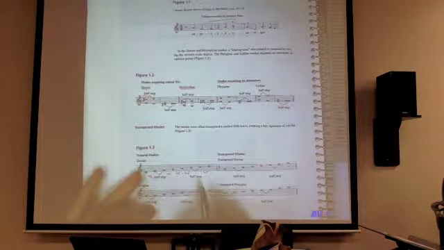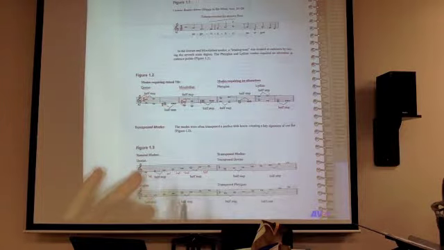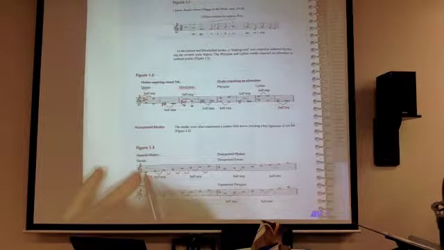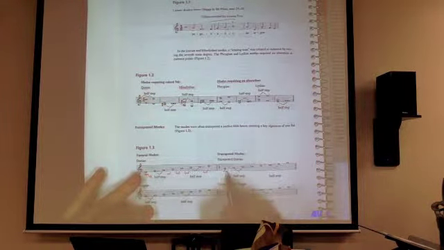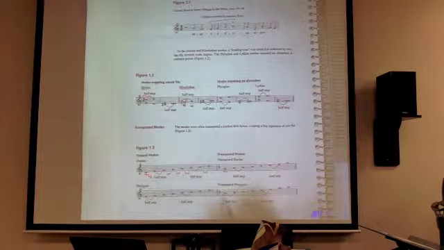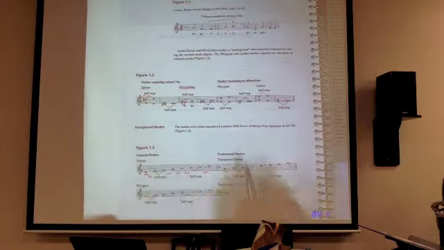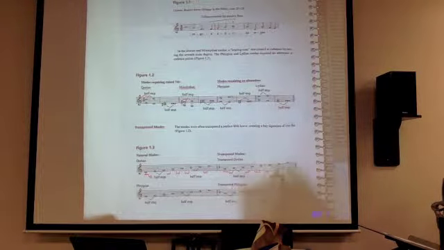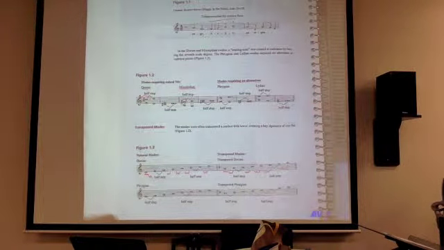Now all you do is transfer it, right? So instead of starting on D, we move to G. Woohoo! And then we apply the same thing. So we've got whole step, half step, whole step, whole step, whole step, half step, whole step. All right? So you just put that template on, and that's the transposed mode.